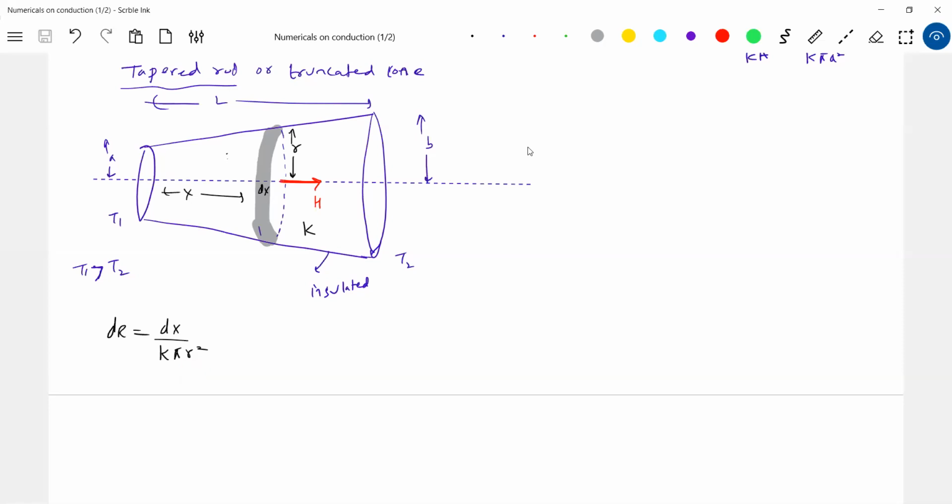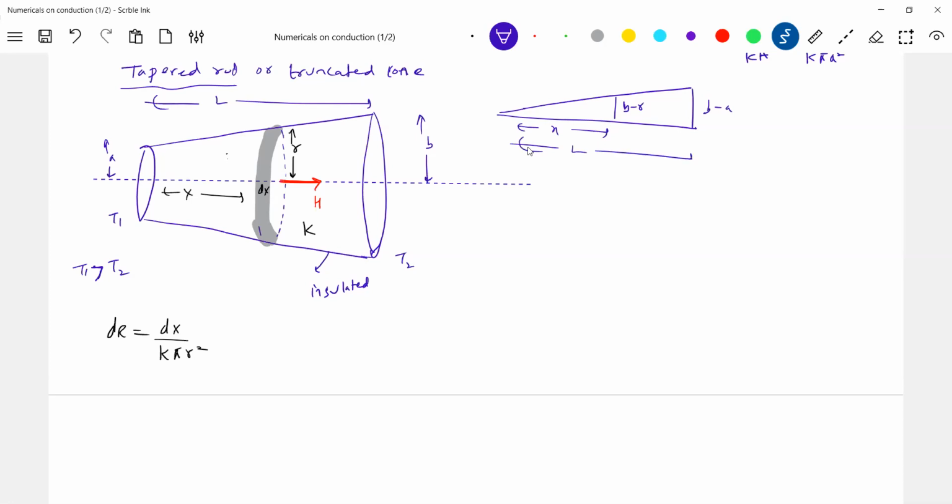I'll go for a triangle here. This is x, this is L. This distance: this is A, this is r, so it is r minus A. And this is A, this is B, so B minus A comes here.